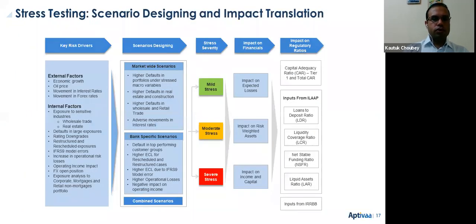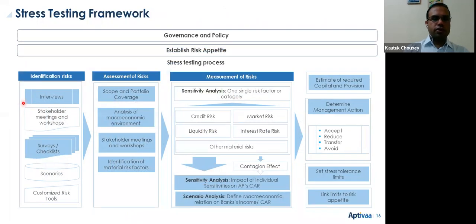identifies what risks it is exposed to, and this happens through interviews of the top stakeholders, meetings and workshops, particularly important for the pillar 2 risk. Then there are internal surveys and checklists being formulated, through which different scenarios are designed across those particular risks.